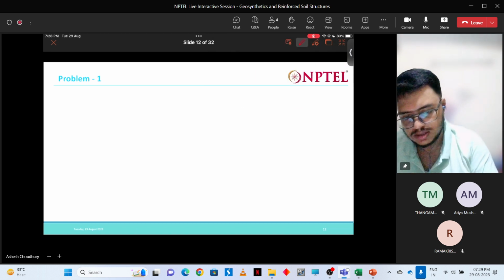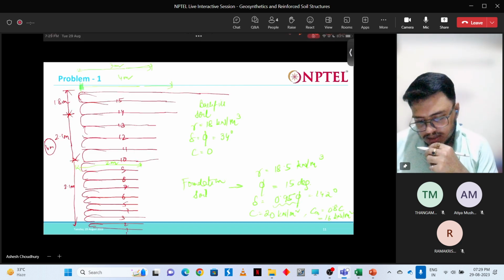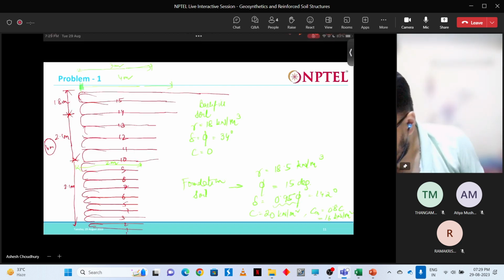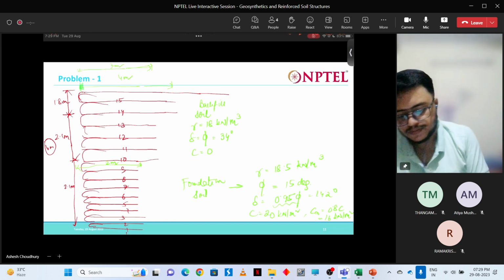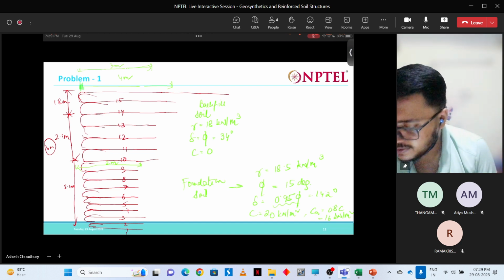See if you can see this 4 meter, 3 meter. The diagram and whatever they have drawn.